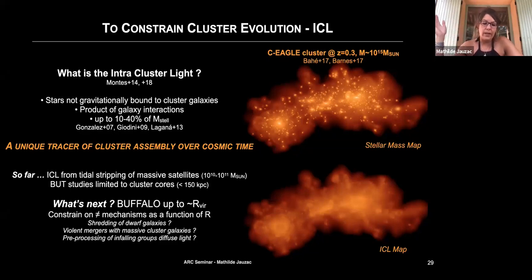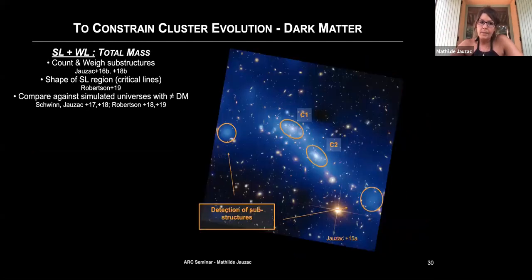It can be the shredding of dwarf galaxies. It can be due to violent mergers or pre-processing of infalling structures, like smaller clusters or groups. But basically, there is a lot of work to do, and Buffalo data are really adapted to it.